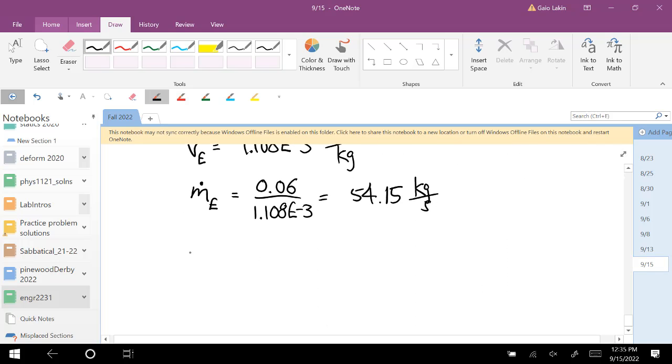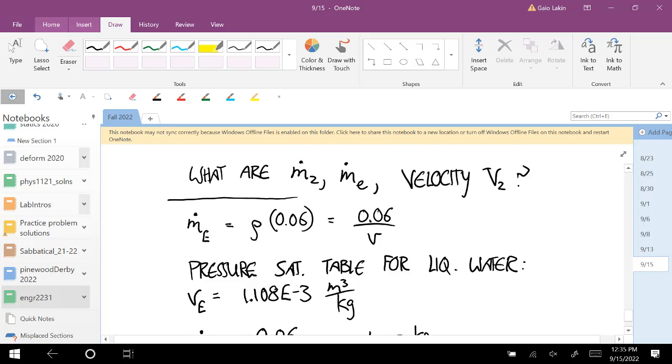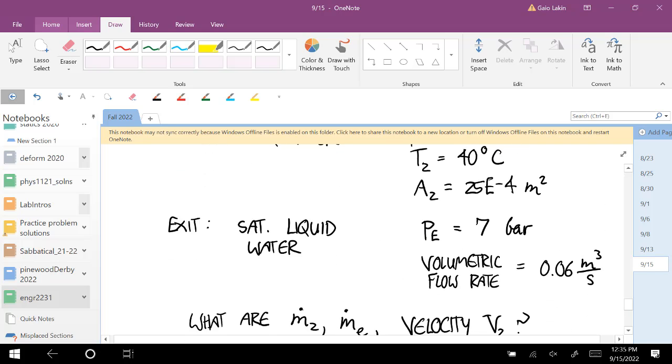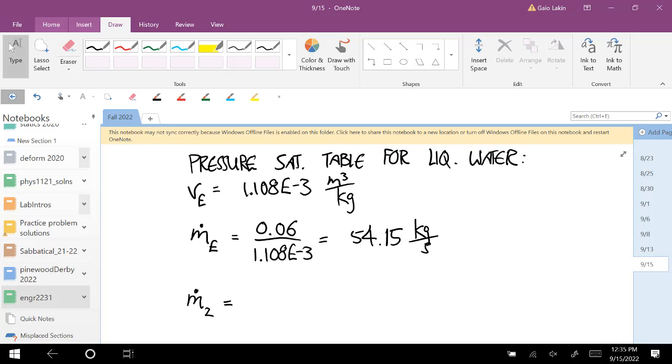And then at the second inlet, we're going to calculate that as the area of the aperture times the speed divided by the specific volume.